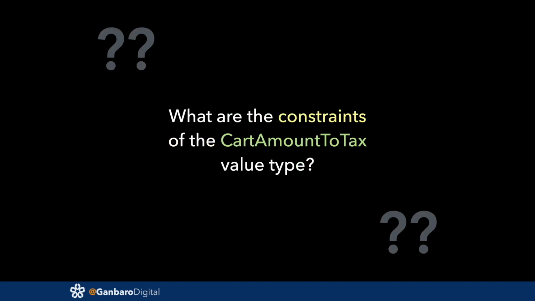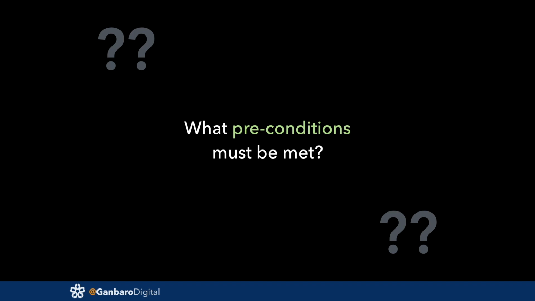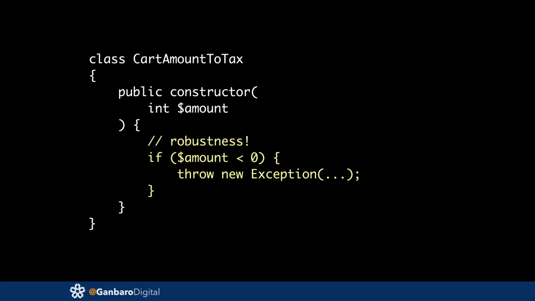So what are the constraints for our data types? What's the constraint for our amount to tax? Or to put it another way, what are the preconditions that must be met? How do we need to validate our input? Now, for our amount to tax, it's part of a shopping cart.